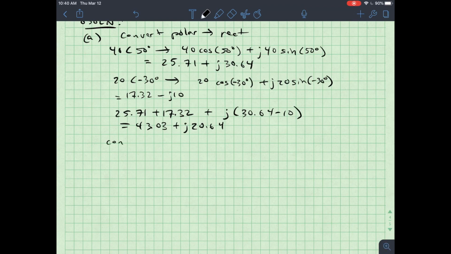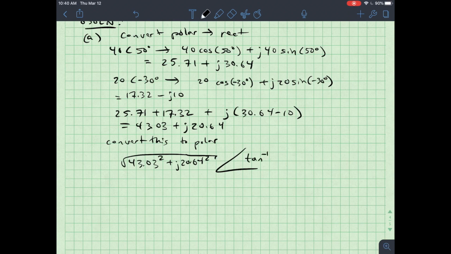So let's convert this to polar. In polar form, I've got the square root of 43.03 squared plus 20.64 squared. That's my magnitude, with an angle, and because the real part is positive, I've got just the inverse tangent of the imaginary part over the real part, which is 20.64 divided by 43.03.